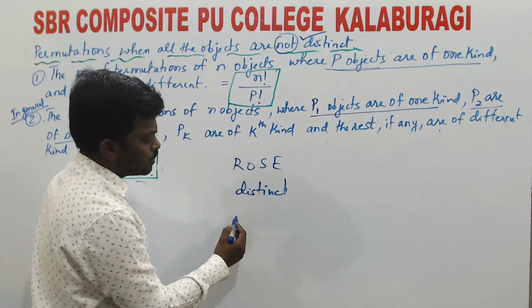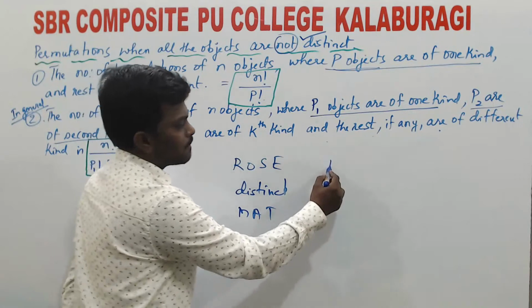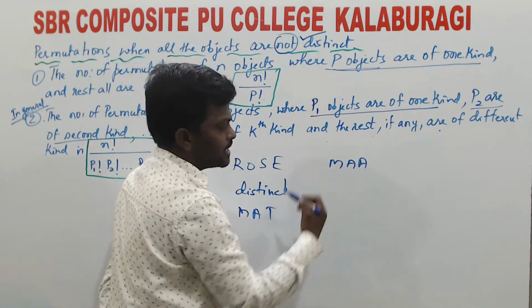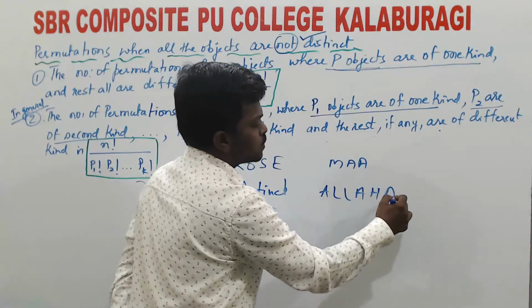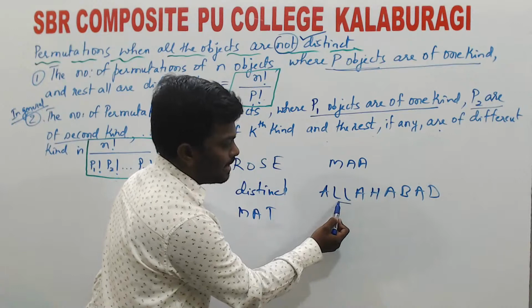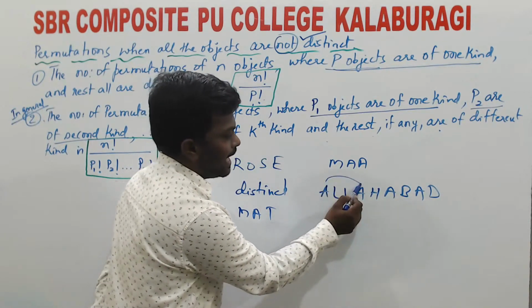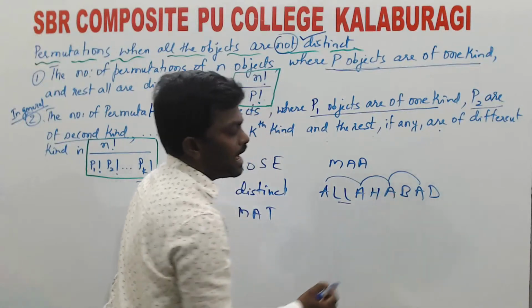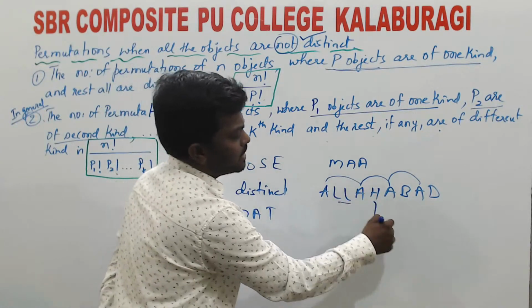Today we have discussed MET also. This is distinct, but this is not distinct, and this is also not distinct. Why? Because L is of one kind and appears twice, and A is of one kind and appears four times, and the rest are different, each occurring one time.